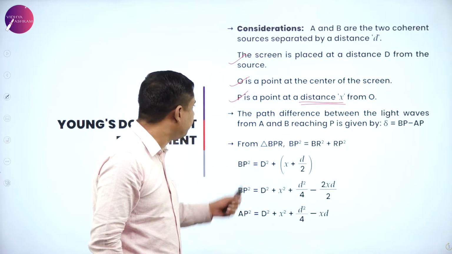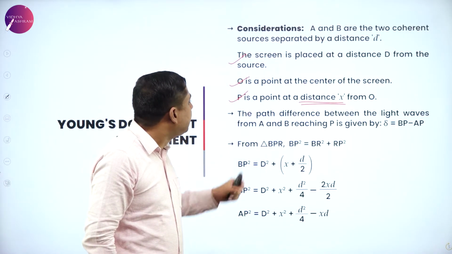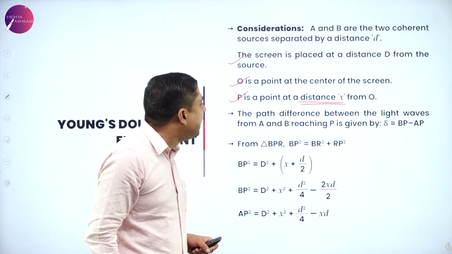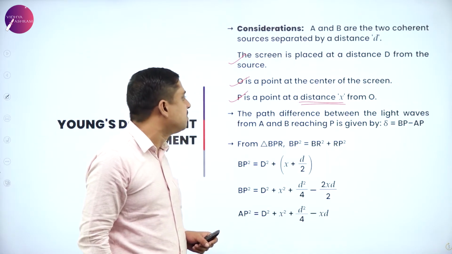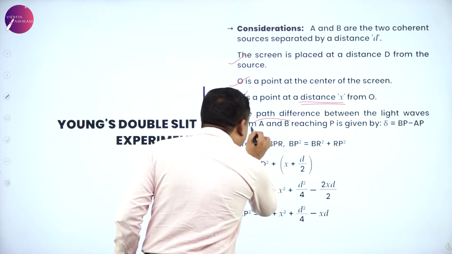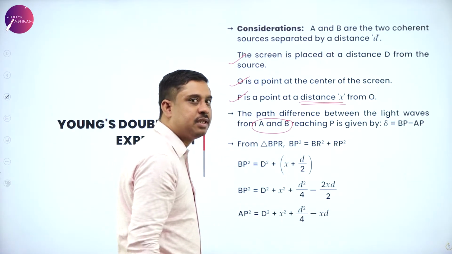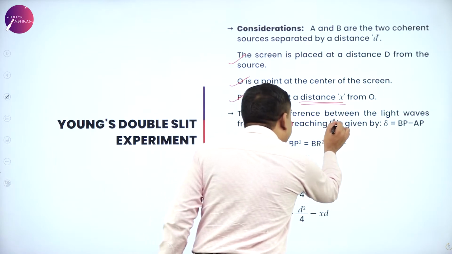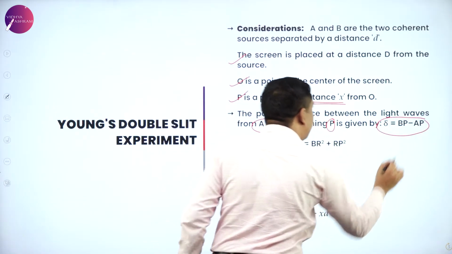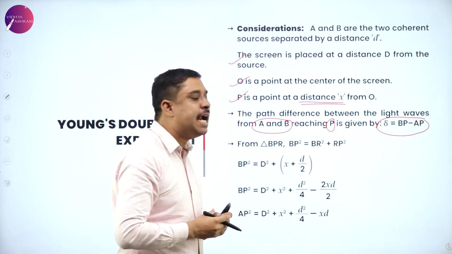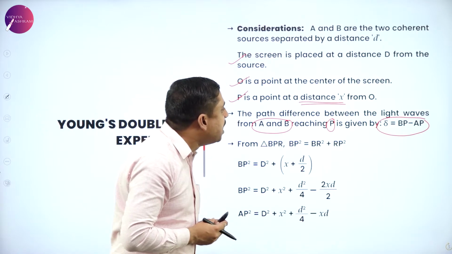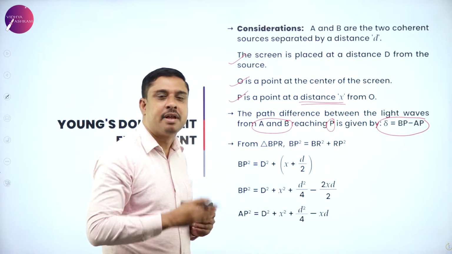Now, the path difference between the light waves from A and B reaching the point P is given by delta equals BP minus AP.